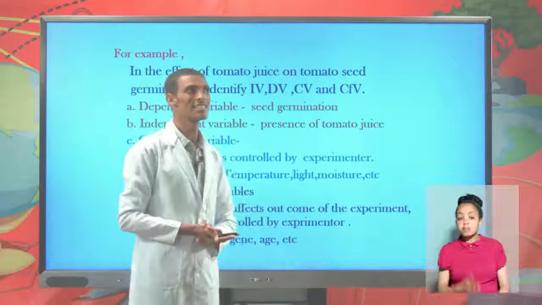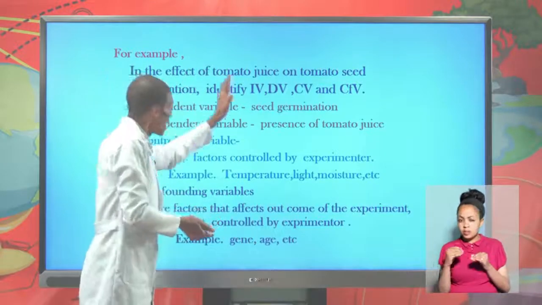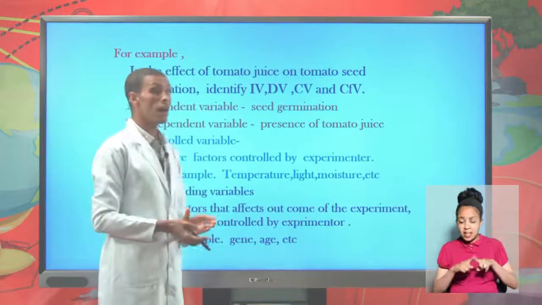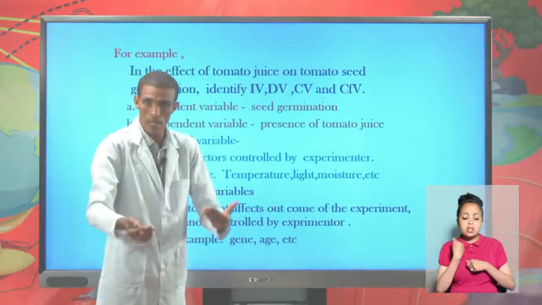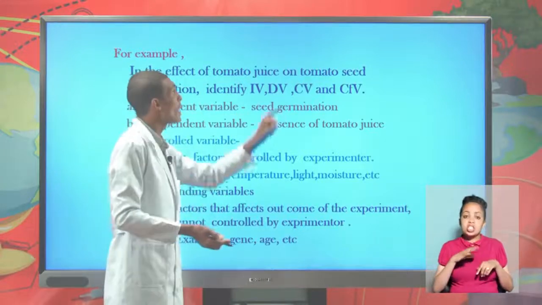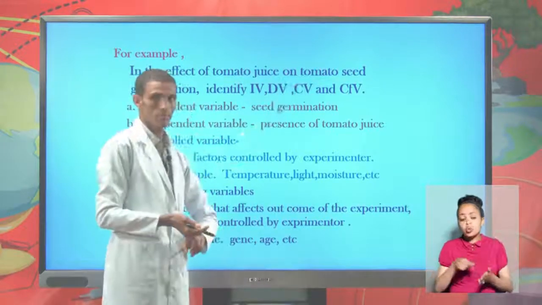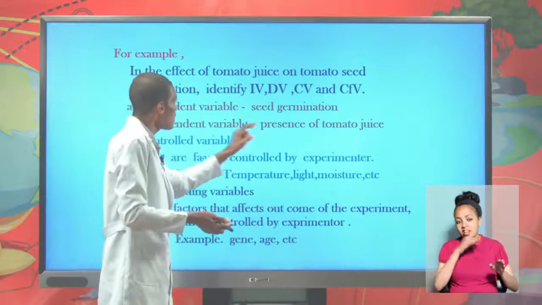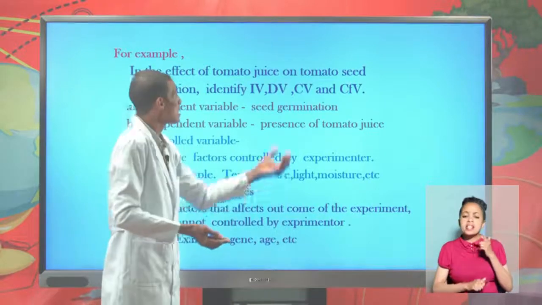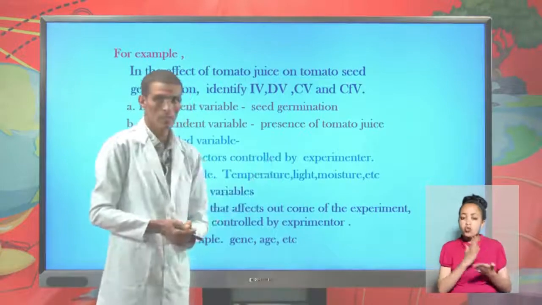Well done, student. In this problem, the dependent variable is the effect of our problem, which we call seed germination, tomato seed germination. Whereas our independent variable is the factor that causes it, the presence of tomato juice here.